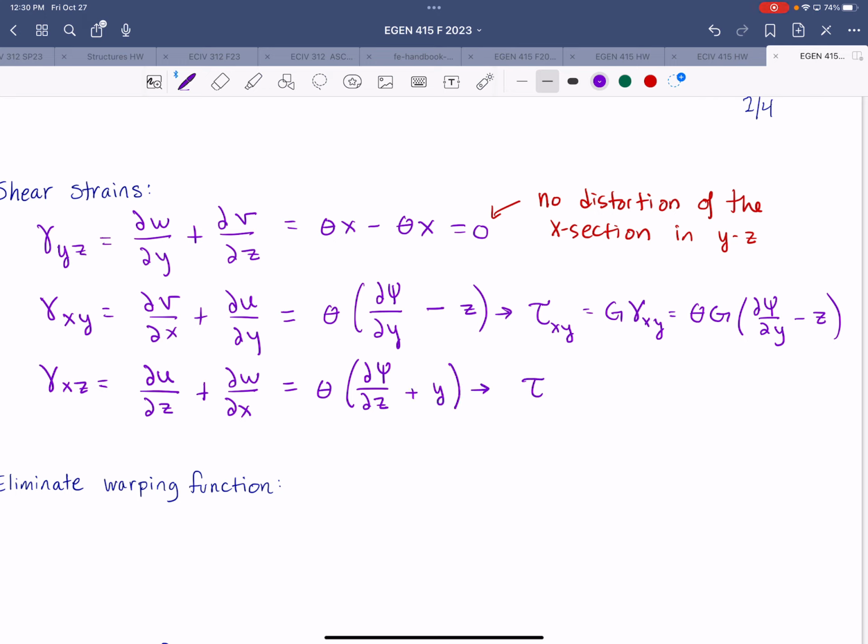So we can say shear stress in the xz plane is equal to shear modulus times gamma xz, which is theta times g times the partial derivative of psi with respect to z plus y.